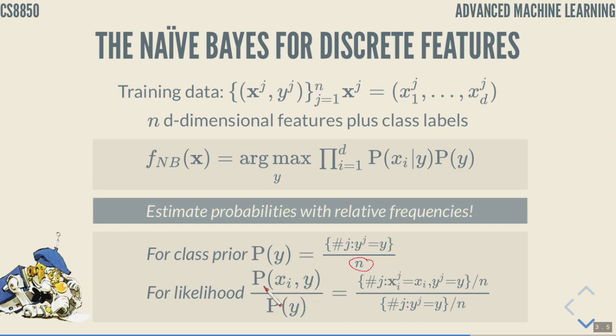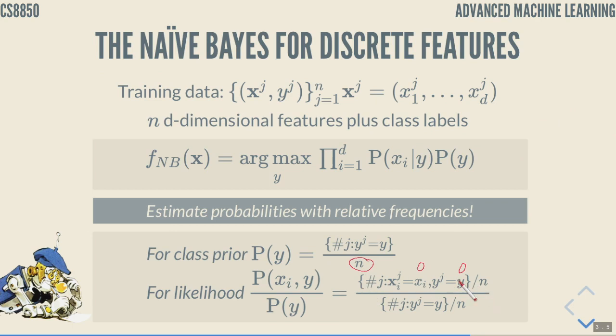For the conditional, we will just estimate the joint and normalize by the prior. Estimating the joint is also simple. Go through all of the documents, and at each document of class y, say 0, look at the value of feature i. If all features are binary, we will have the count of how many times this feature is 0 and how many times this feature is 1 for this class.